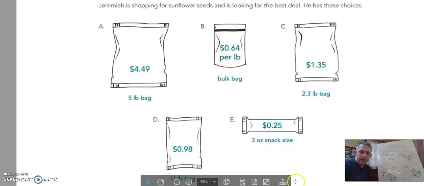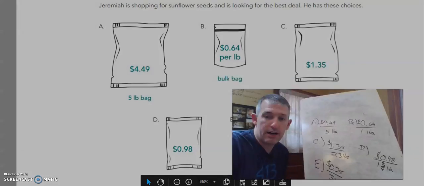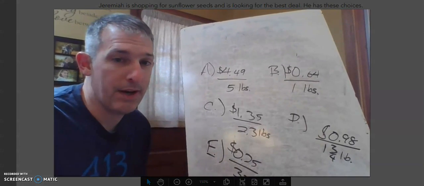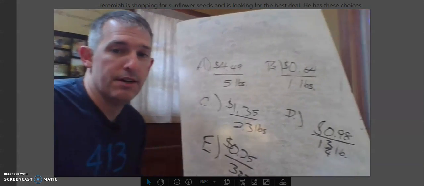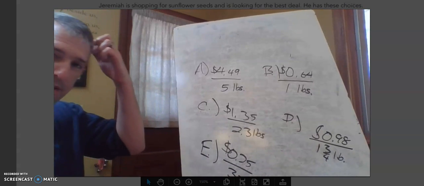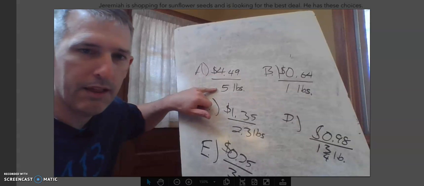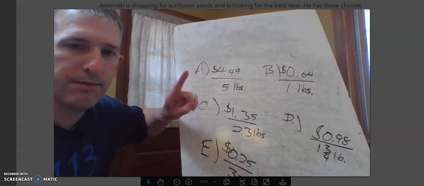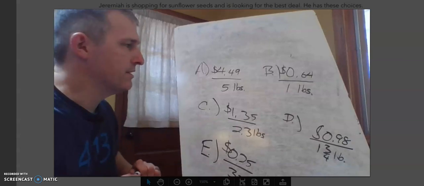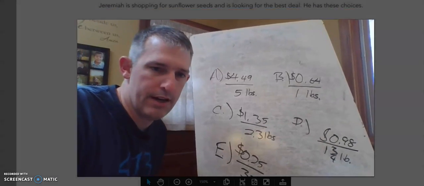All right, well, this is what I would do. We want to find out how much it costs per 1 pound. Okay, that's where I would go with it. Okay, so another trick you can do here, you can do scaling up or scaling down, or you can divide the top number by the bottom to find how much it is for 1. All right, so let's do that. Calculator ready?